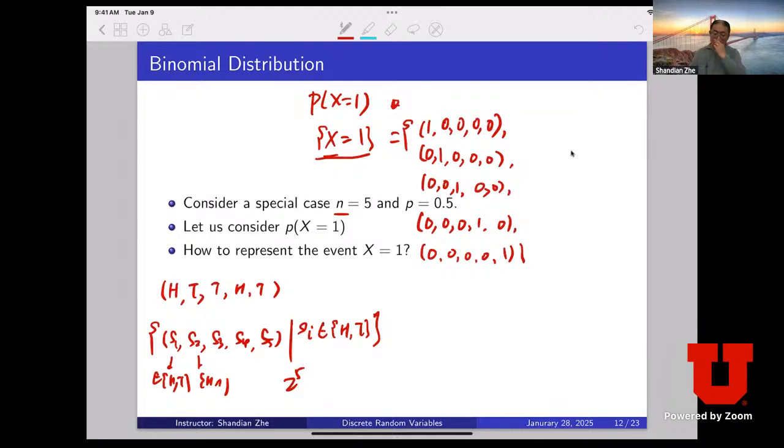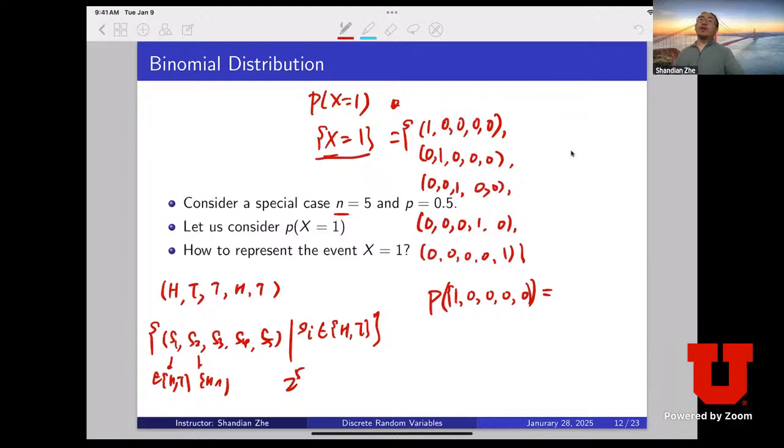So now, to calculate the probability for this event, we just want to look at the probability for each single sequence. What's the probability for each single sequence? Say 1, 0, 0, 0, 0. What's that? Yeah, that's correct.